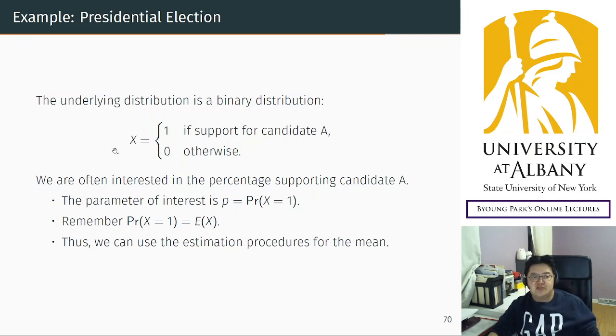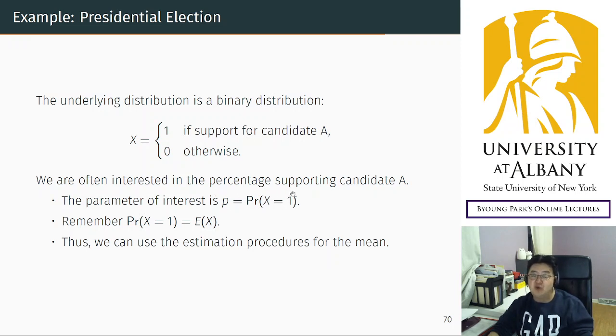If you understand that the underlying distribution is a binary distribution, then you can consider the relationship between the parameters. Say we are interested in the percentage of voters supporting this candidate, Obama. The parameter can be defined this way: P, which is the probability that X equals 1.